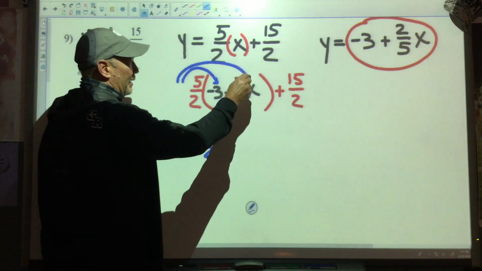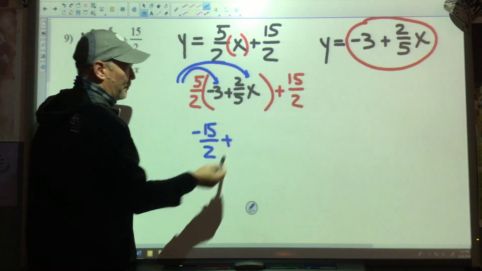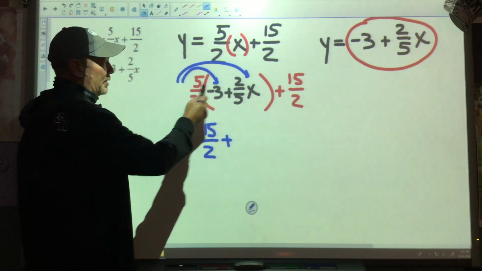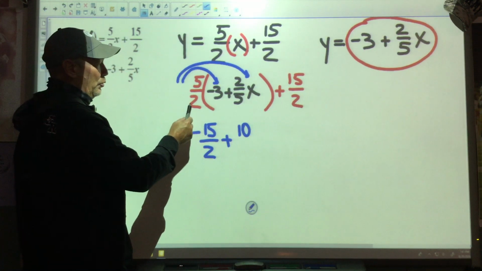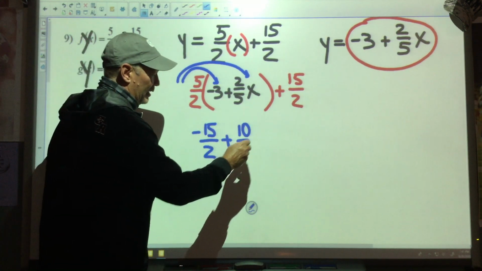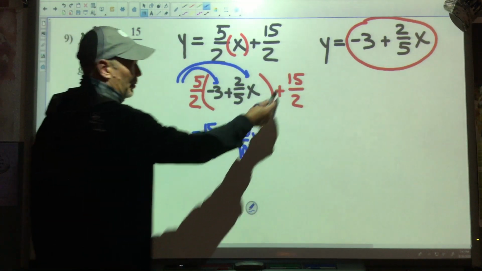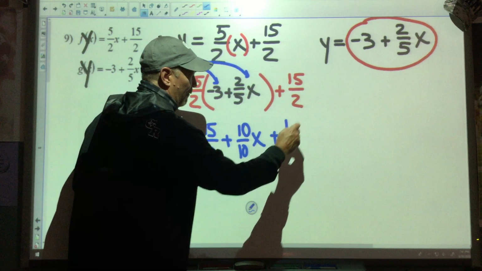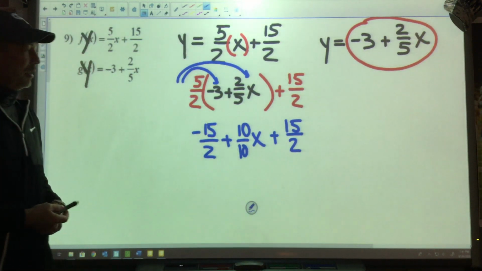Take it to the back end. A positive times a positive is a positive. 5 times 2 is 10. 2 times 5 is 10. There's my x. Plus 15 over 2. Look what you have.